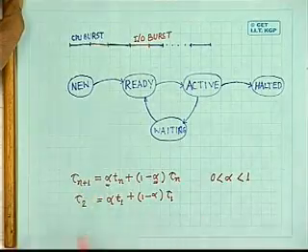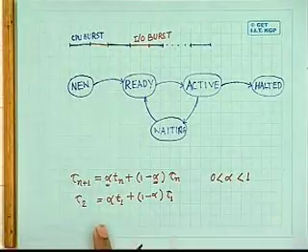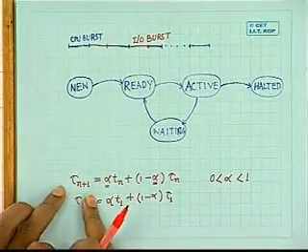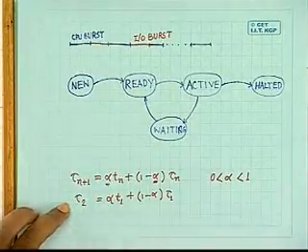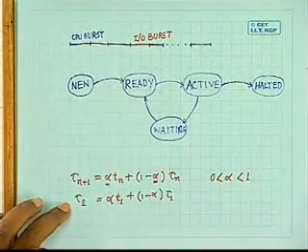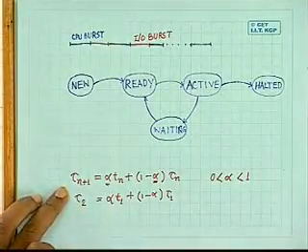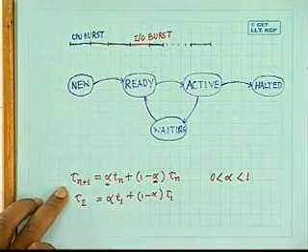So your SJF or shortest job first scheduling algorithm has to schedule depending upon this predicted time, because I don't know exactly what the next CPU burst time will be. So some such prediction can be used. Whereas in case of first come first serve scheduling, we don't need any prediction because there the CPU burst time does not come into the picture at all. It is only the order of arrival which is important.